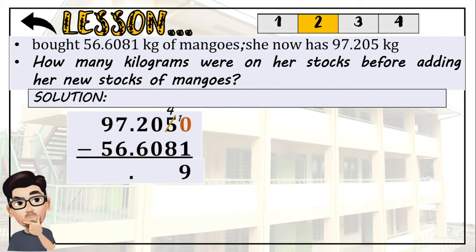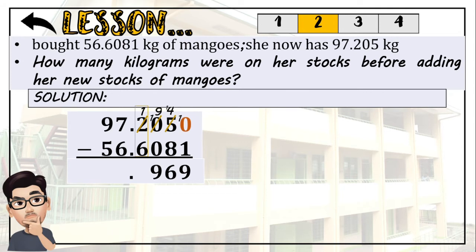Then 4 minus 8 cannot be, so we borrow 1 from, not 0, dun sa kasunod, because we cannot borrow anything from 0. So that will be 2 will become 1, and then 10 will become 9. Di ba? Since naging 10 na siya, we can borrow 1 from it. Then 4 will become 14. So 14 minus 8, that will be 6. 9 minus 0, that will be 9.